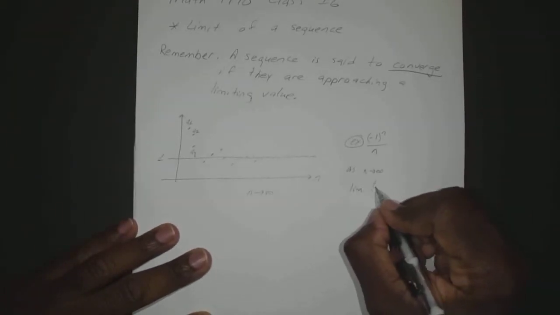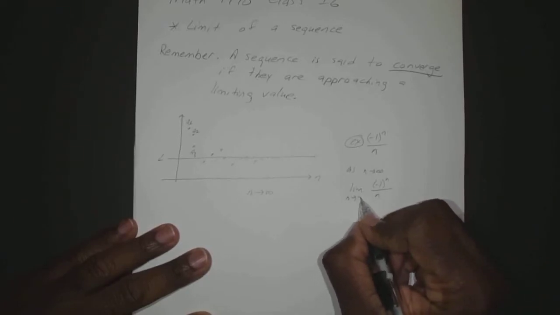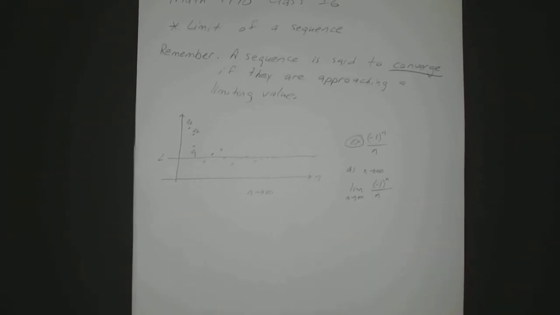If you plug in n equals 1, you'll end up with negative 1, then positive 1/2, negative 1/3, positive 1/4. It's bouncing back and forth, but it's getting closer and closer to 0.